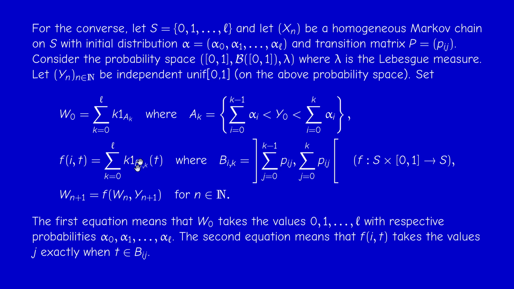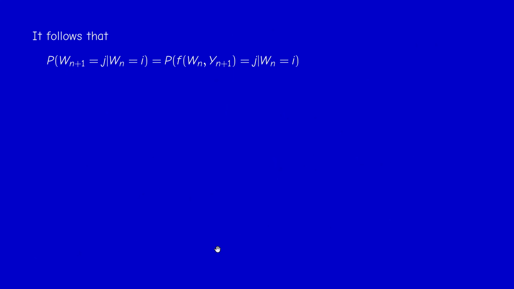Because it's a characteristic function. So when f_i(t) equals j, this means that this number should be equal to 1, and this is what I wrote here. So f_i(t) equals j exactly, if and only if t belongs to B_ij. And now we are almost done.